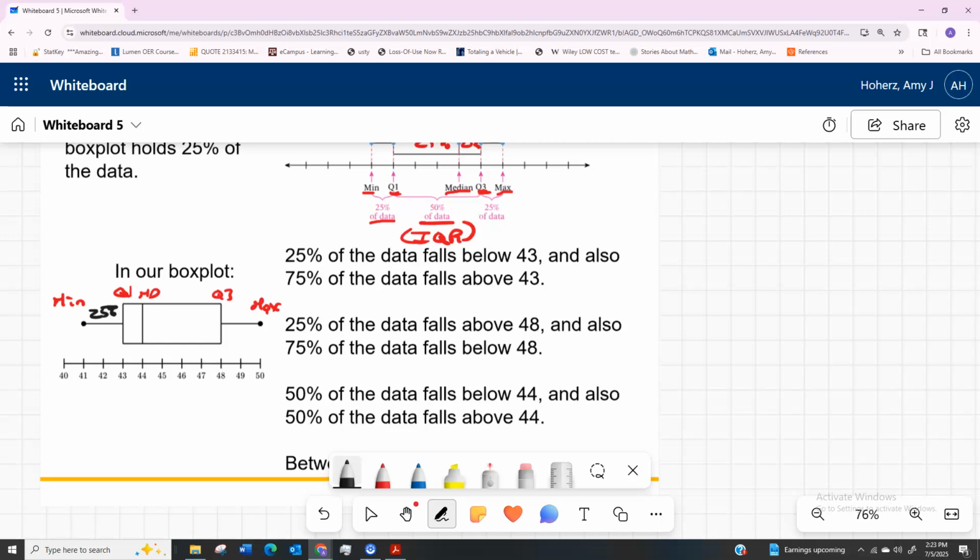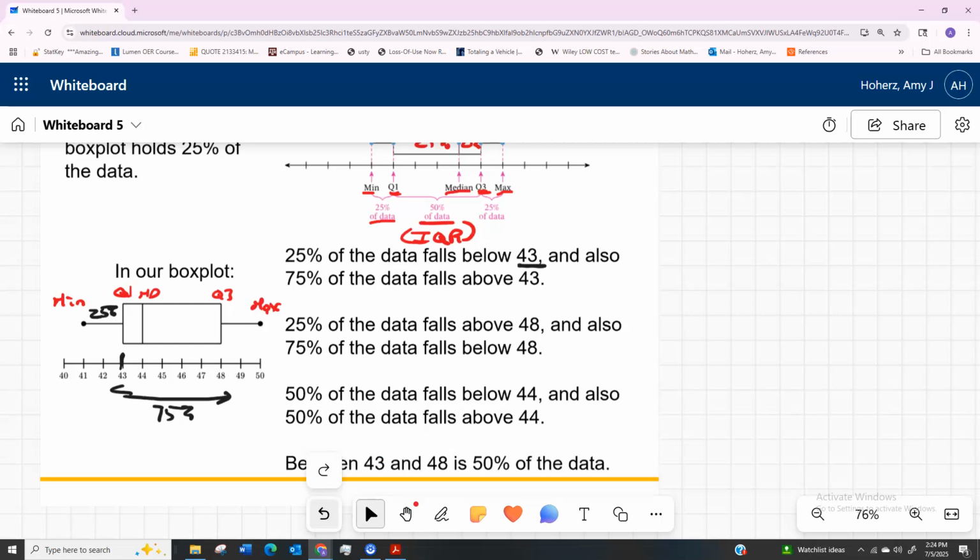So when it says 25% of the data falls below blank, well, 25% of the data falls below the first quartile, so below 43. But remember that everything has to add up to 100%. So if 25% of the data is below 43, that means that 75% of the data is above 43. So you could ask that in either direction. You could say above what value is 75% of the data? Well, that would be 43 also, because there's 25%, 25%, and then 25% in the last whisker.